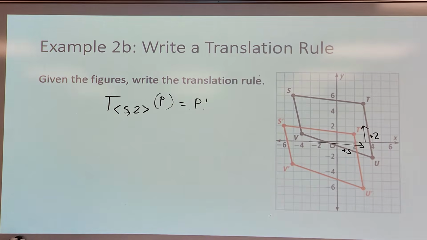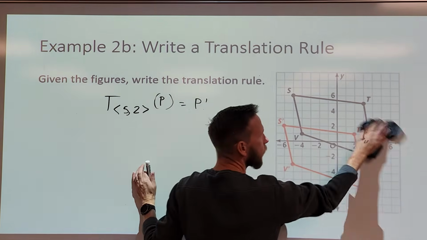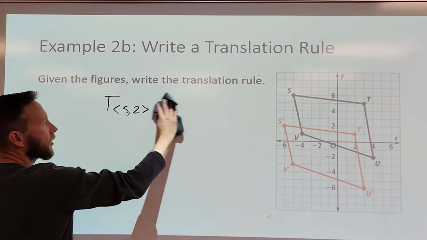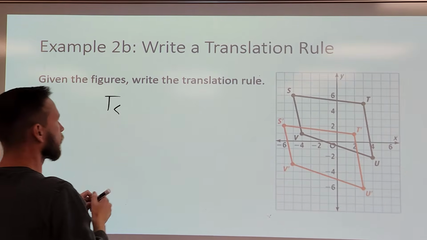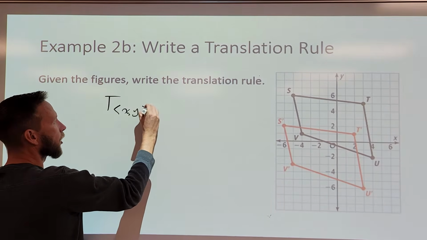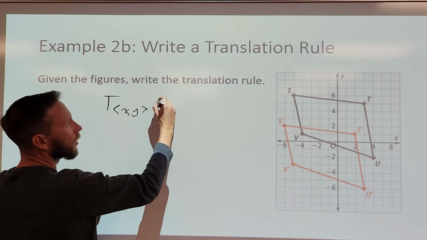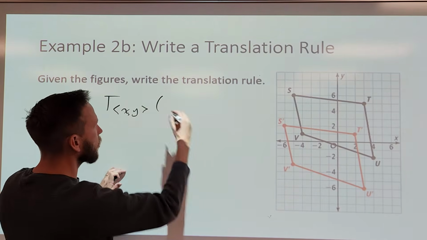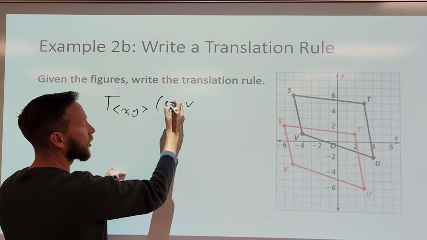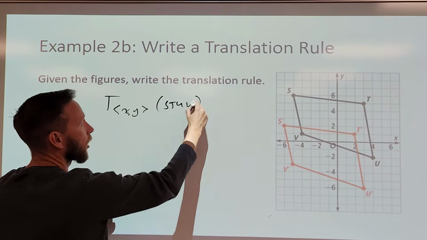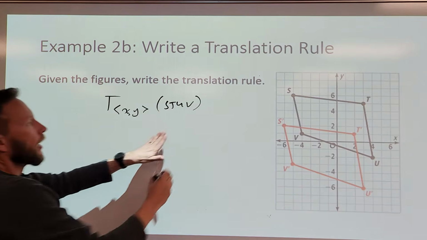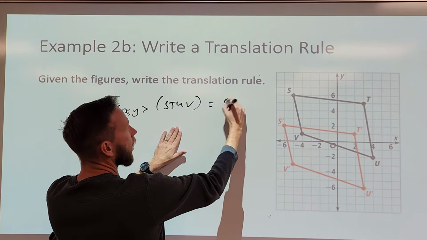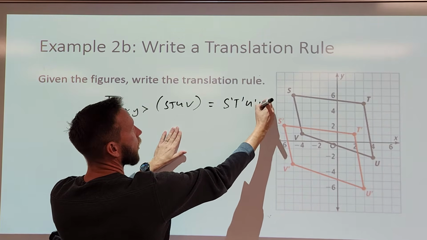All right, so over here, let's write this rule for what's happening between the original triangle here, again with our change in x, our change in y, of our figure, which we can go in alphabetical order, S, T, U, V. It does not matter, but we should pick a point and go clockwise or counterclockwise or whatever. And we're going to get our S prime, T prime, U prime, V prime.